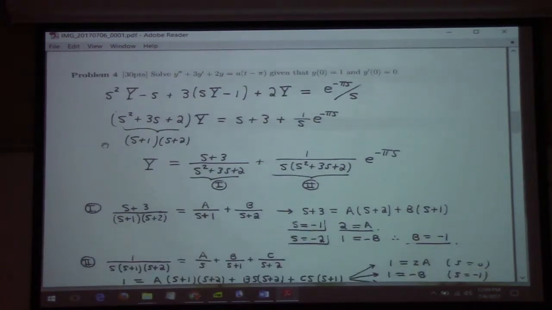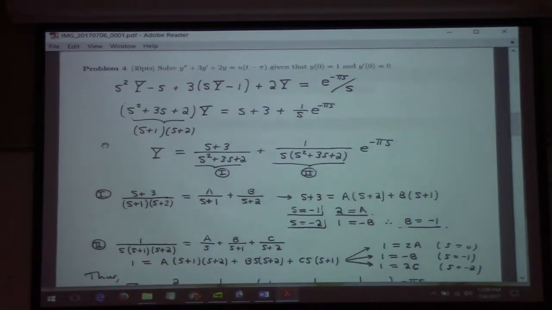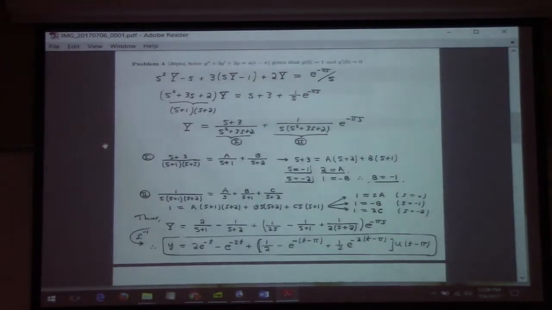This one's tougher. So I take the Laplace transform. It gives me s^2 Y minus s, because y(0) is 1, minus 0 because y'(0) is 0. And then plus 3. A lot of you made a very popular mistake: not distributing the 3 over to this minus 1.